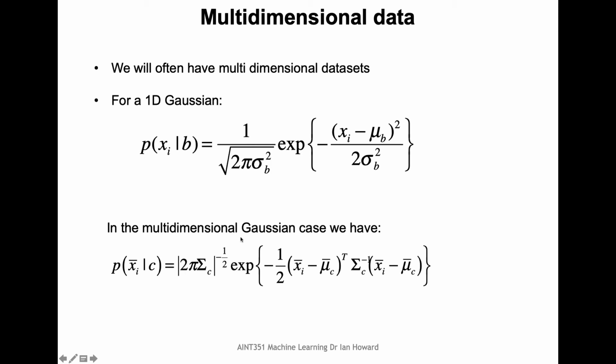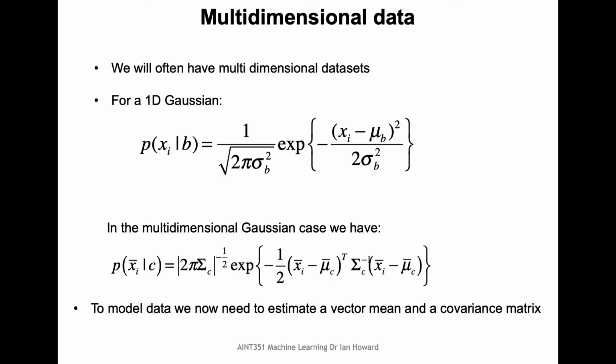And the main difference is that instead of having sigma squared as the variance, we now have this capital sigma, which is now the covariance matrix of the data for C. And in the exponential, rather than having just single data points, now we have the vector xi take away the mean vector, transpose, multiplied by the inverse covariance matrix, again multiplied by the data vector take away the mean vector.